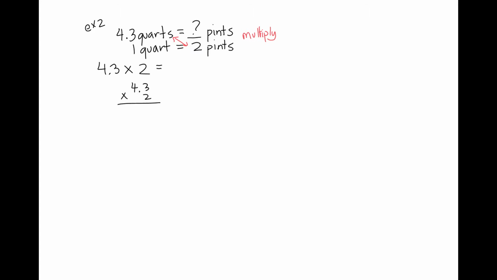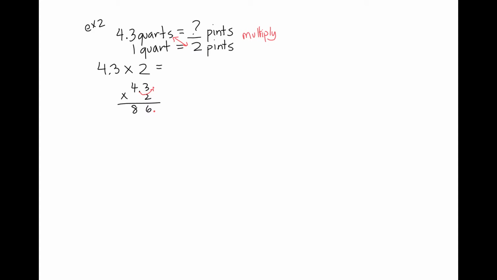Well, 3 times 2 is 6. 2 times 4 is 8. Now I have a decimal. Remember, when you have a decimal in a multiplication problem, you move your decimal to the end of the problem. Remember, all our answers are whole numbers to begin with.